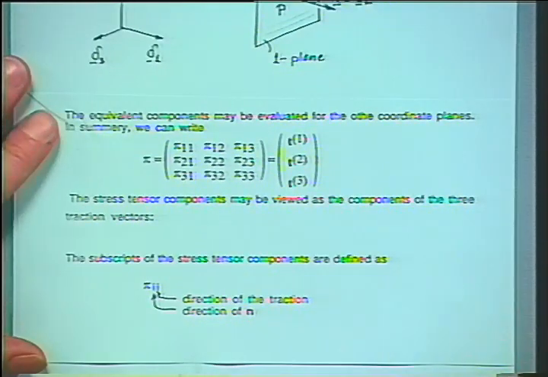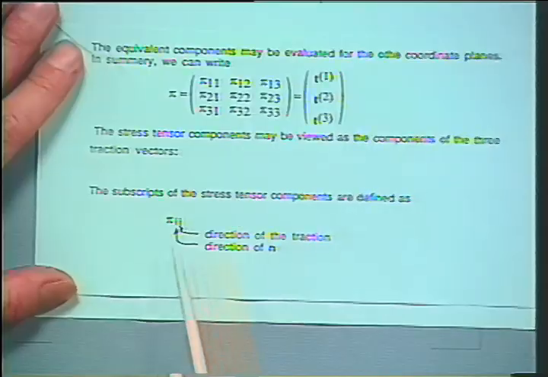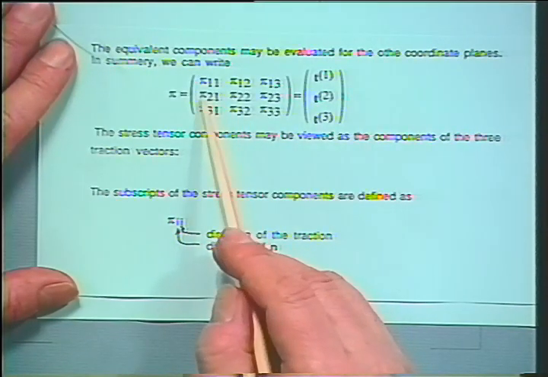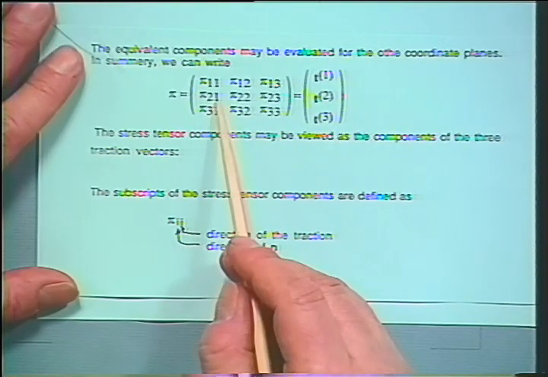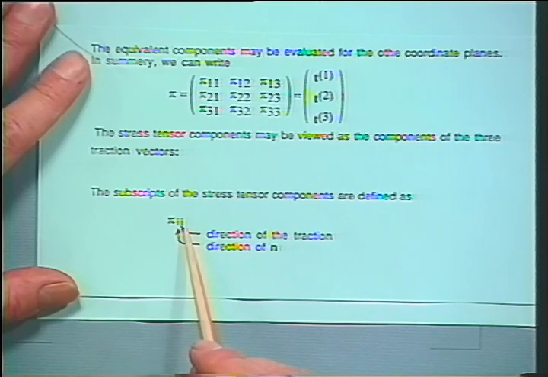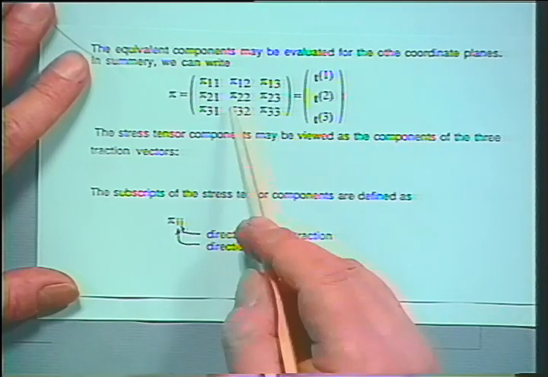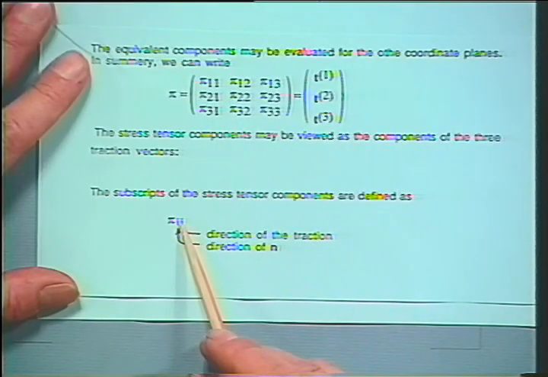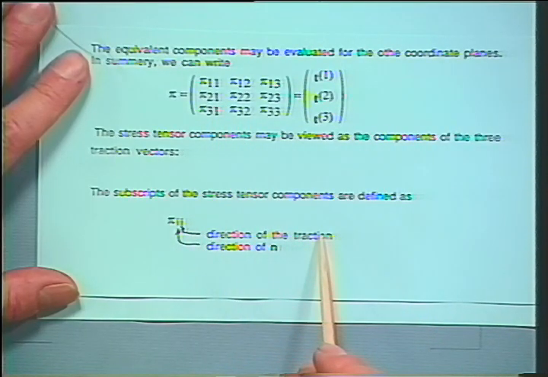You can say now, when looking at the subscripts here, for instance, pi 2,1, the two subscripts, what would be the meaning? The second subscript, 1 here, indicates the direction of the traction component.